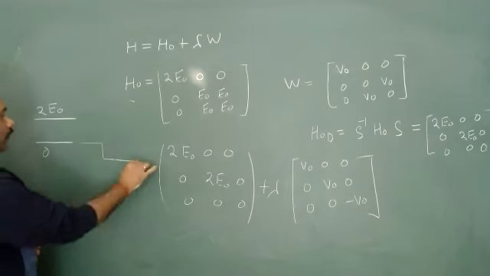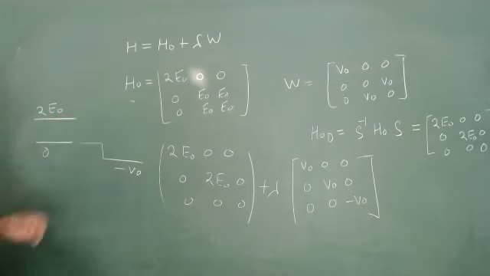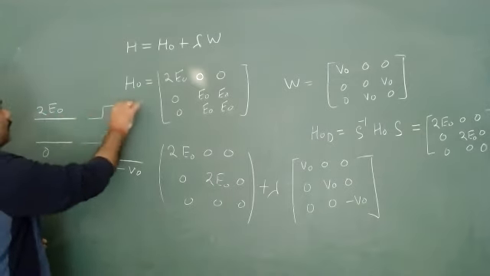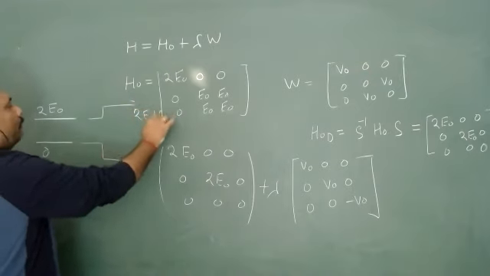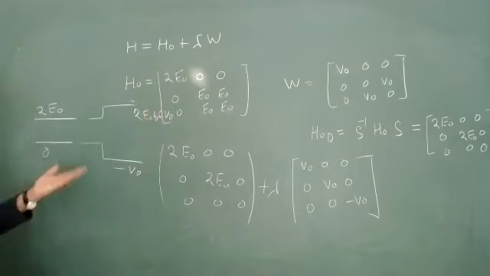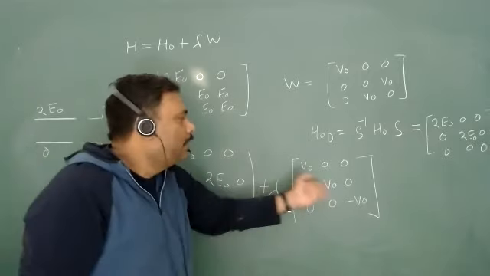This 0 will go downward with minus V naught, isn't it? And what will happen to this one? This one will shift to 2E naught plus lambda V naught. So again degeneracy is there, isn't it? Yes, sir. Because these two are the same number.